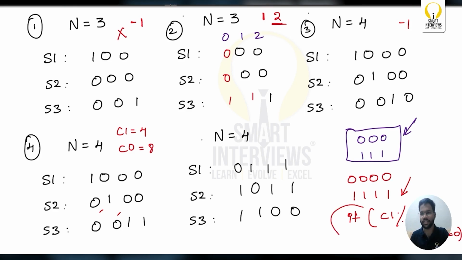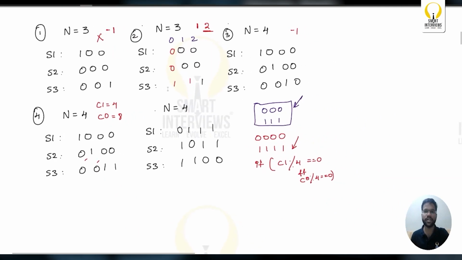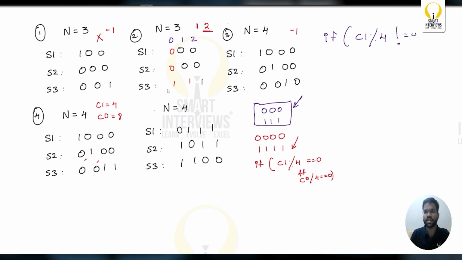Yes, so this is one of the conditions that we can figure out. Once we get this condition, it will be easy for us to check whether it is possible to make the strings identical or not. We will count the number of ones and number of zeros, let's say I am storing it in C1. If you divide it by 4 and it is not equal to 0, I can simply print -1.